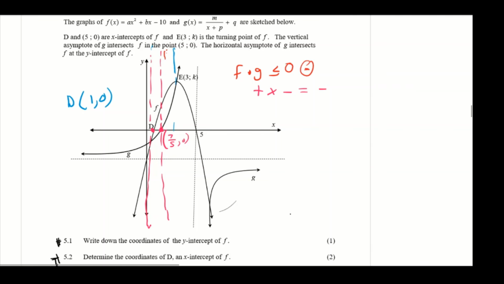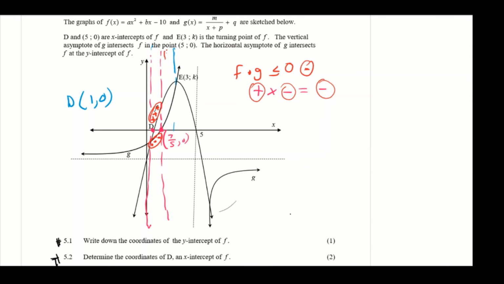So as I've indicated, we know that for f the y values here are positive, but for g the y values here are negative, which is what we are looking for. We want to find a positive value, multiply it with a negative value of y to give us a negative value of y. So this is where the situation happens, where positive values multiplied with negative values give us a solution of negative value.